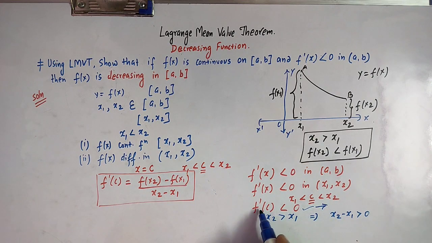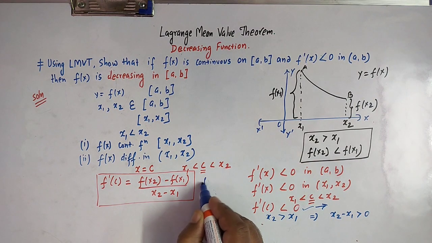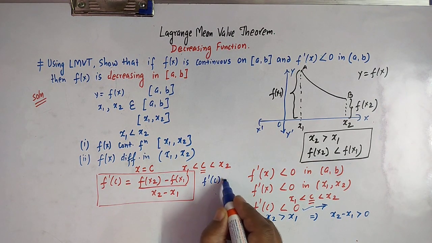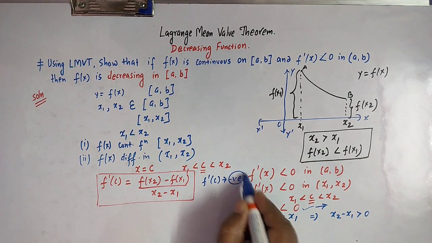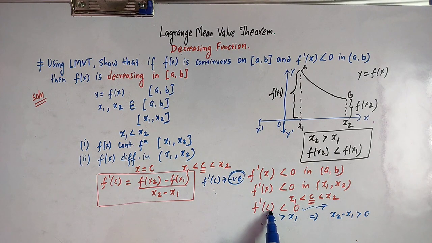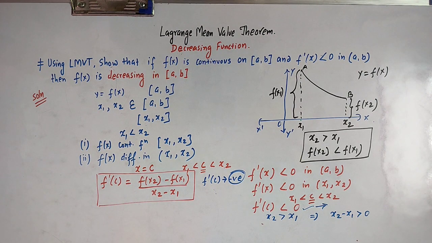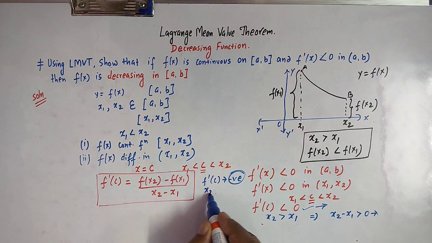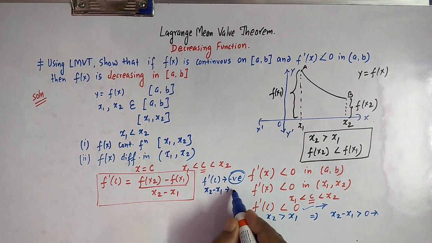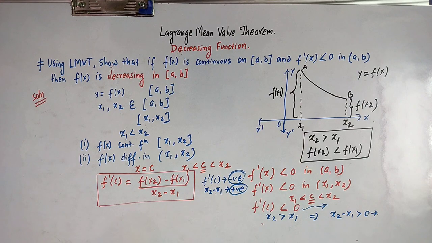It implies that f prime of c is a negative quantity, right? And x2 minus x1 is greater than 0.